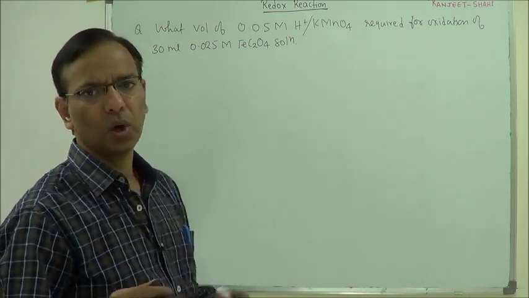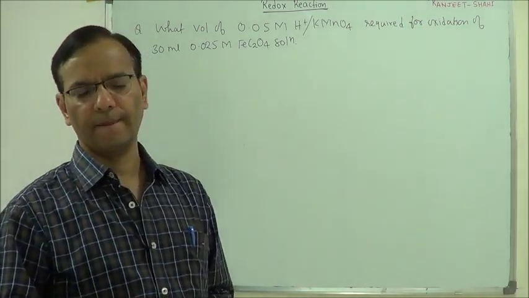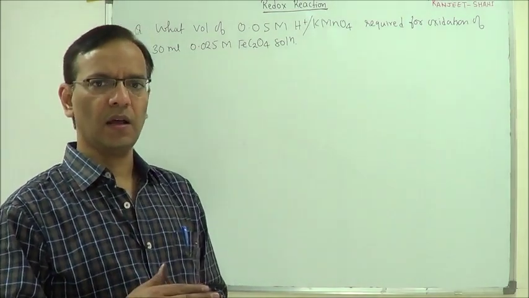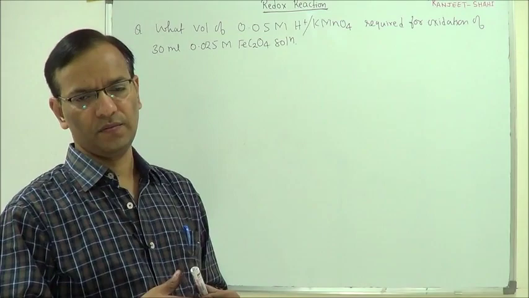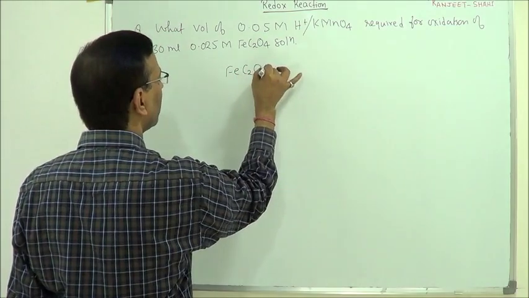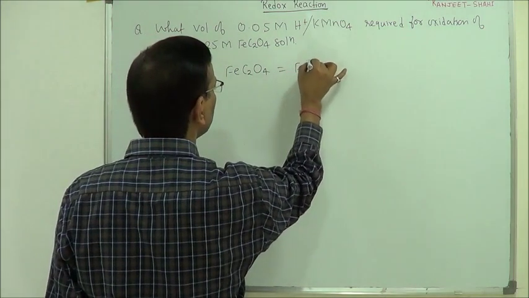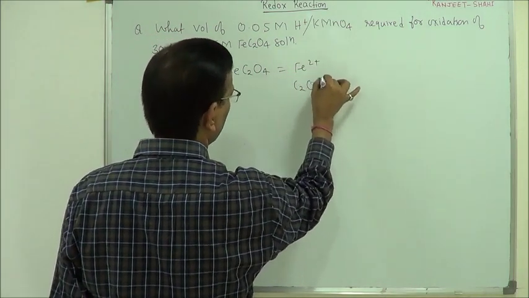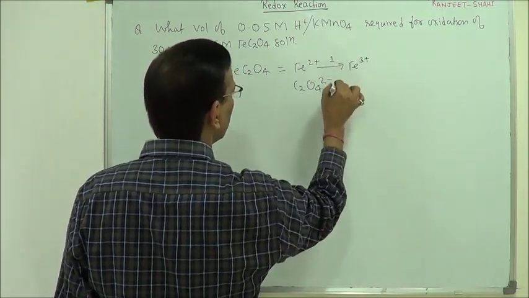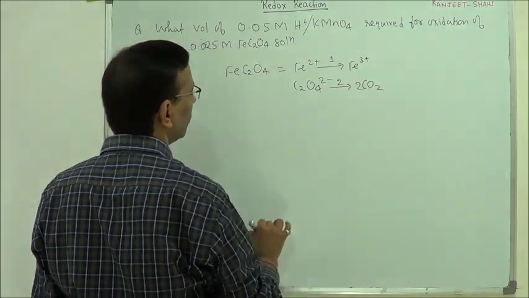Now we have taken ferrous oxalate, which when reacting with potassium permanganate, both the ferrous ion and the oxalate ion are oxidized. So in ferrous oxalate, for one formula unit we have one ferrous and one oxalate. Ferrous is oxidized to ferric, so for one ferrous the change is 1. Oxalate is oxidized to CO2, so for one oxalate the change is 2.